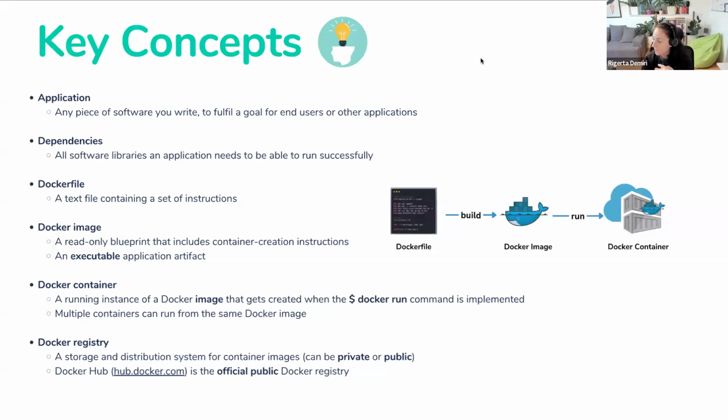Docker registry is also a very important concept. All of our Docker images are stored in a Docker registry. It can be the public Docker Hub that anyone can access, even without an account, so even without registering yourself. But it can also be a private Docker registry. Most private companies have their own Docker registry.